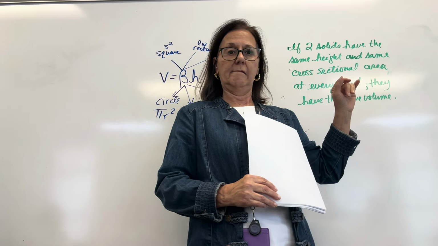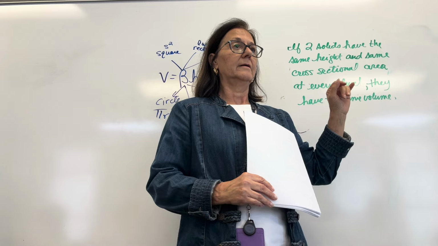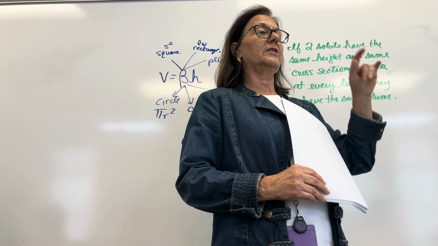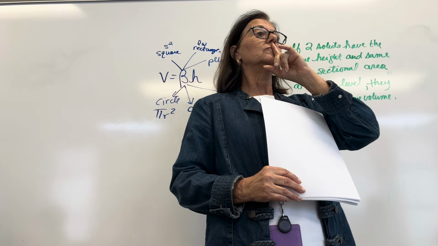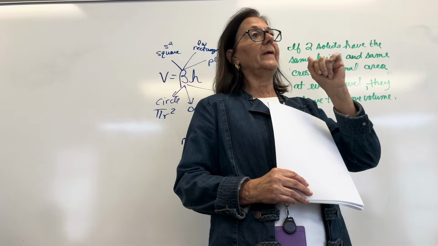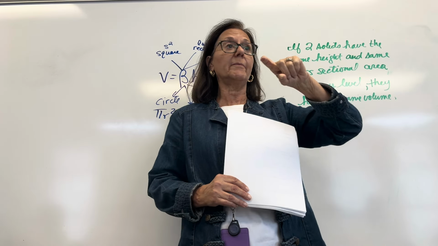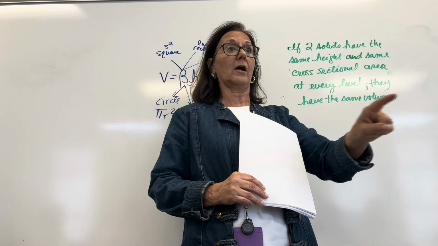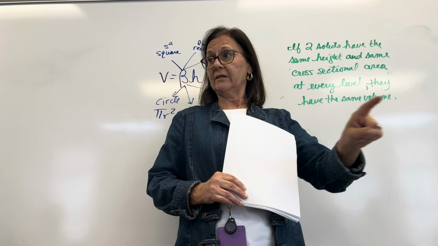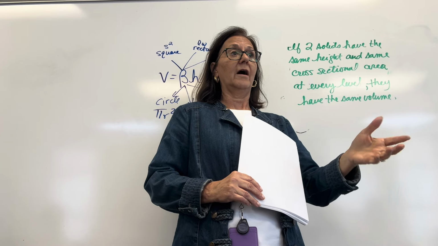Could they be almost right on top of each other? Yes, they could be. Think about the stack of blocks. After the first block we did the cross section of the green blocks.